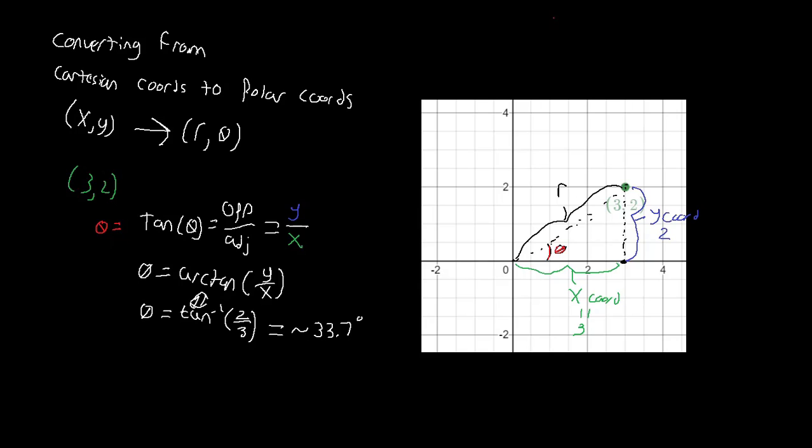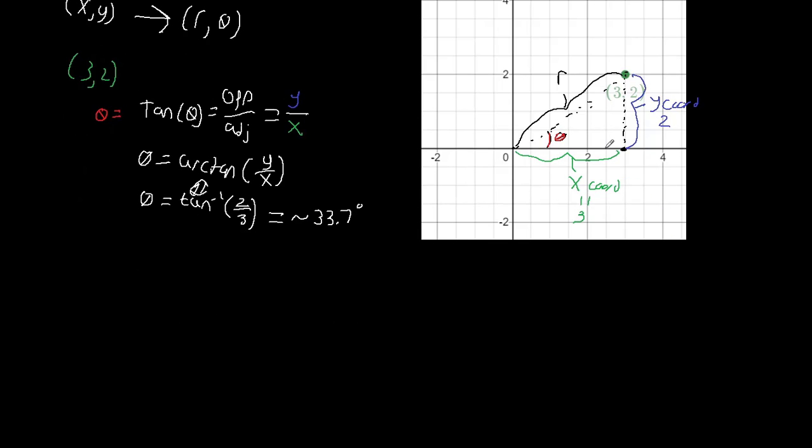So now what is our r? What is this distance right here? Well, we already know this. If we think back to our properties of right triangles, we know the Pythagorean theorem. So we know that r is going to be equal to the square root of x squared plus y squared.